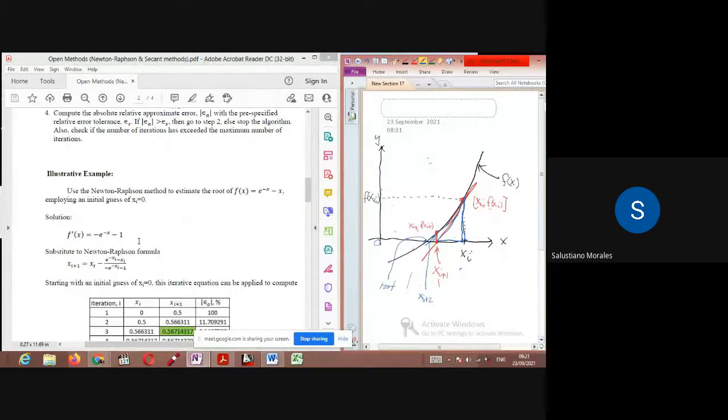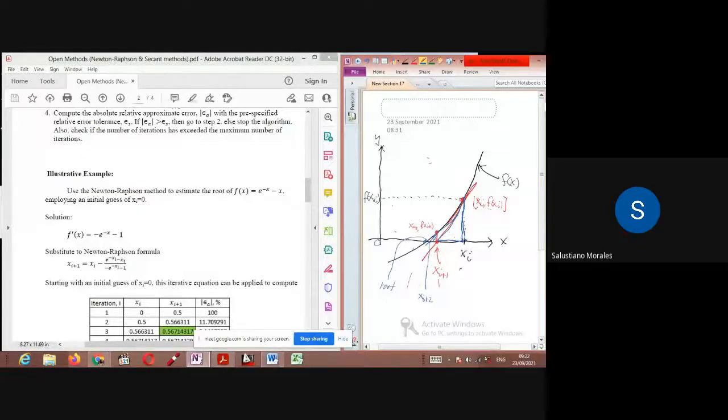So first, we're going to evaluate now the derivative of e raised to negative x minus x. So this function is readily available. We can evaluate directly the derivative because we only use the formula. So the derivative of e raised to negative x is e raised to negative x multiplied by the derivative of the power.